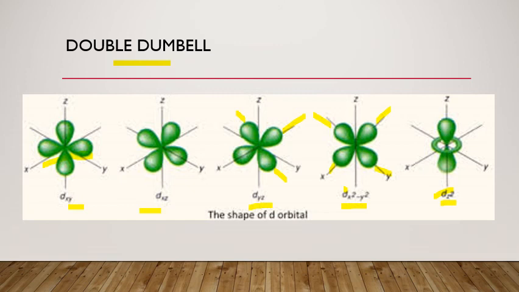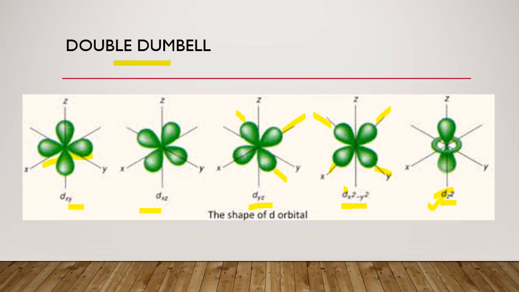So for dz square, one dumbbell has two lobes on the z axis, and the other lobe is rotating around that z axis lobe. That represents the dz square. So dx square minus y square and dz square are on-axis orbitals, and dxy, dxz and dyz are mid-on axis.